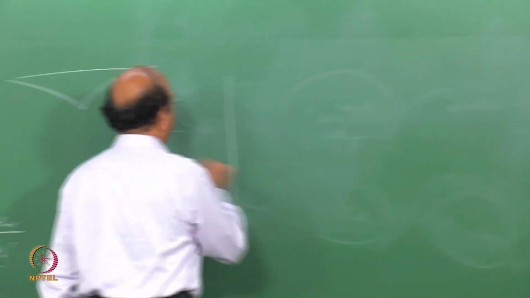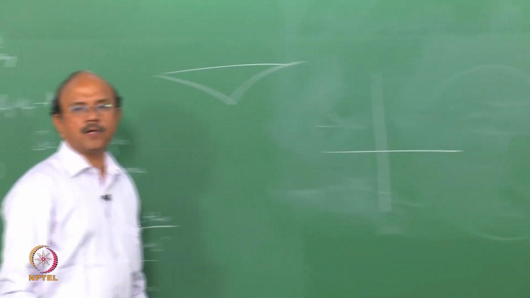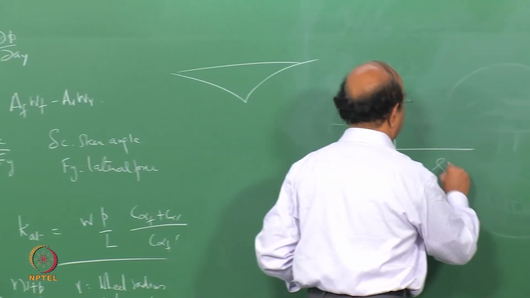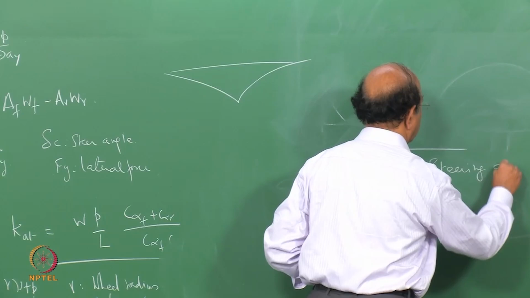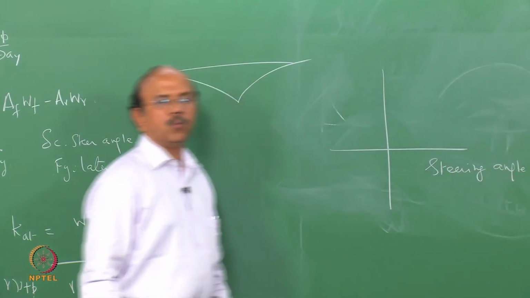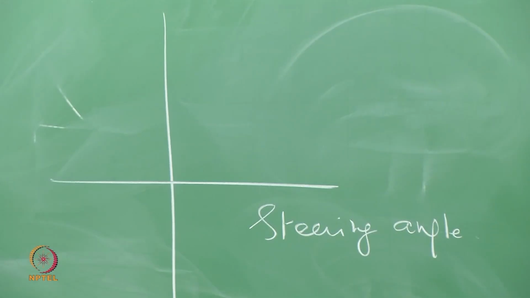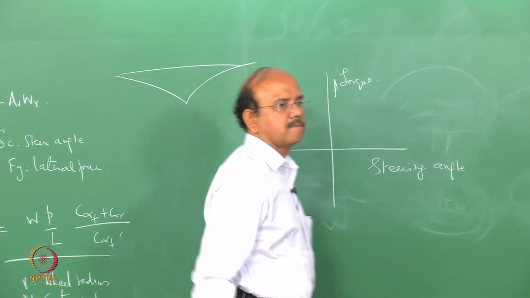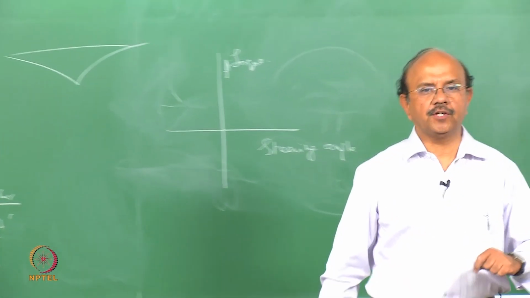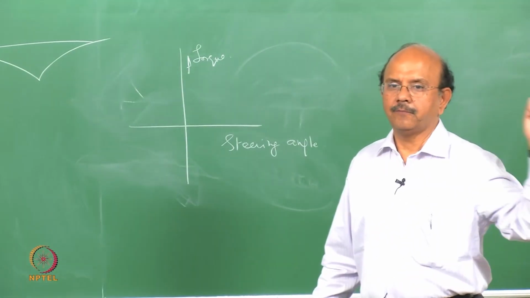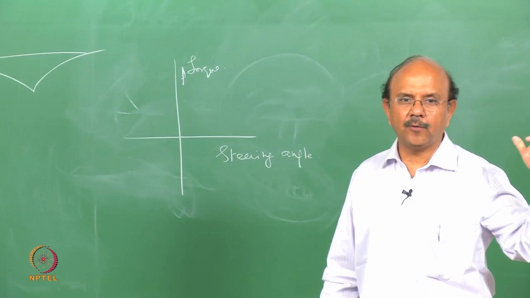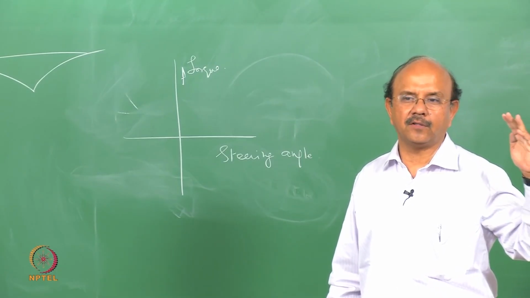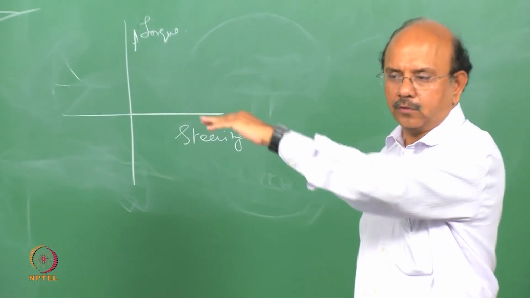So now, if I plot, say for example, steering angle versus the steering torque, whatever we are talking about is evaluating a car, not that you are going to drive at 30 kilometers per hour in these crowded roads.